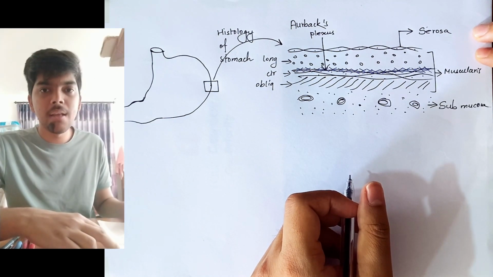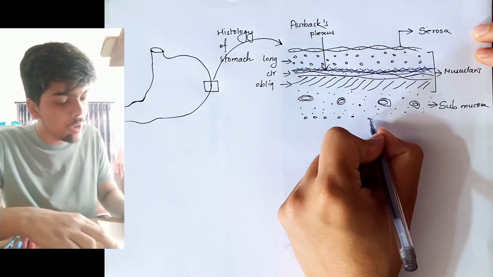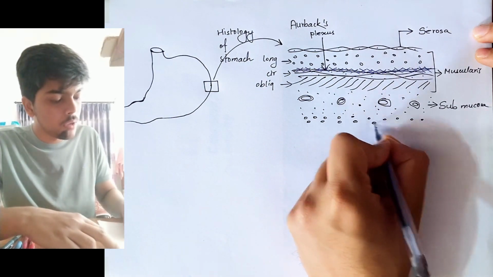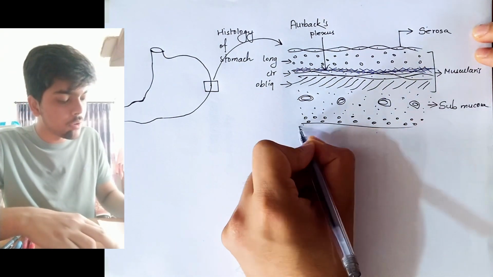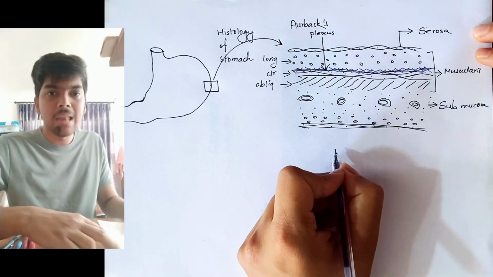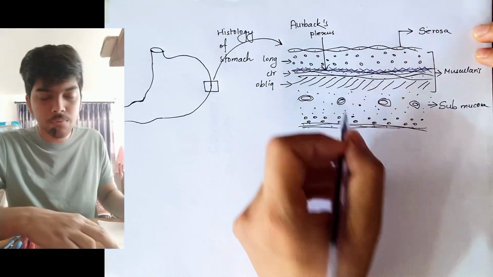Mucosa itself contains three layers. The outer muscular layer called muscularis mucosa, which is made up of muscles, which also contains the longitudinal and circular muscles. The second, lamina propria, the composition of which is similar to that of submucosa.